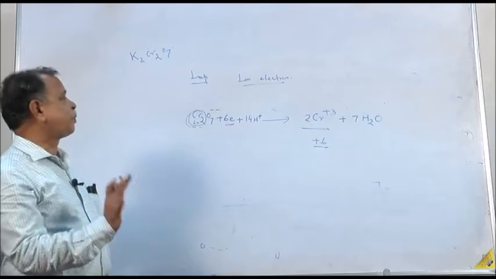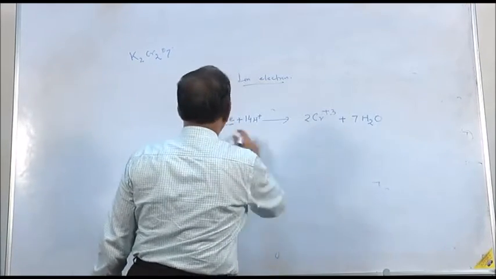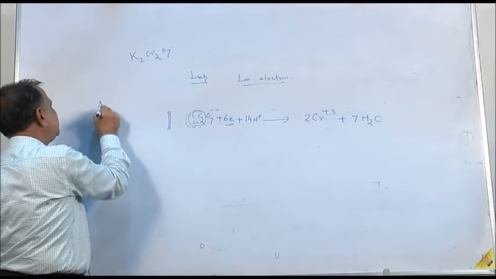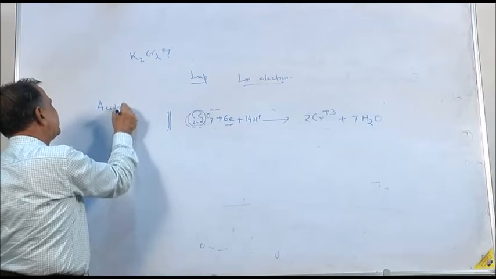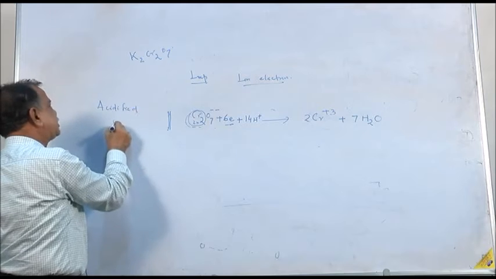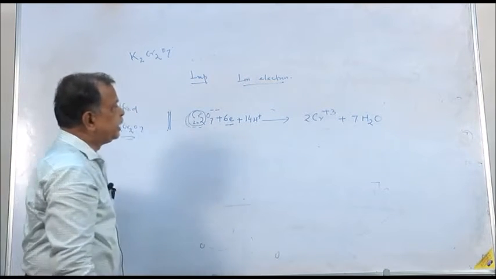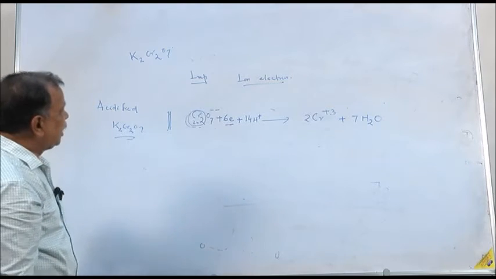Only remember this. This is the ionic equation of the reaction of acidified potassium dichromate.